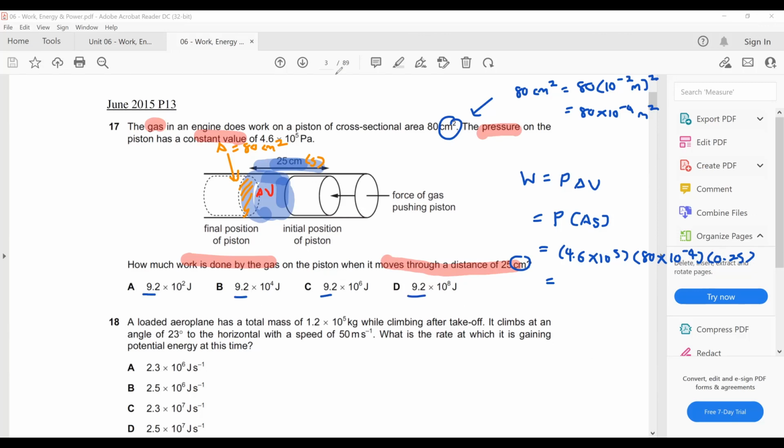So there's a trick here. You need to realize that you need to change the centimeter square to meter square. So 4.6 times 10 power 5 times 80 times 10 power minus 4 times 0.25. You're going to get 920 joules, which is actually 9.2 times 10 power 2 joules. Answer is A.